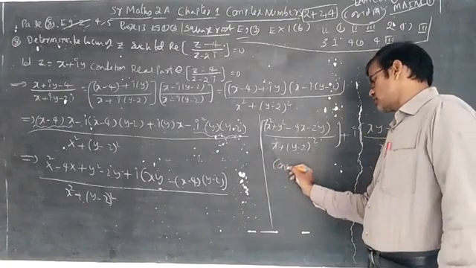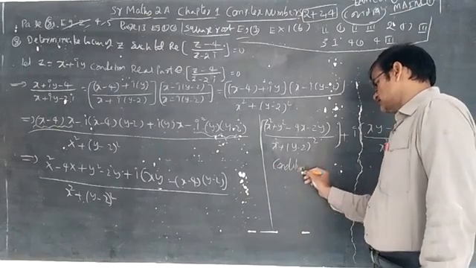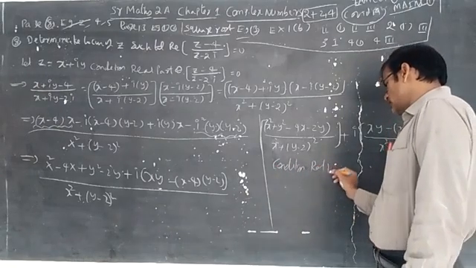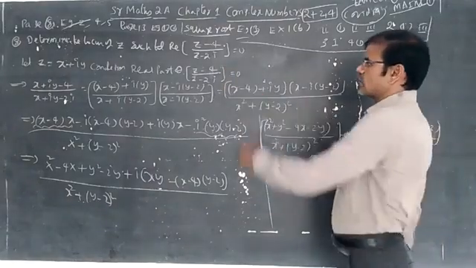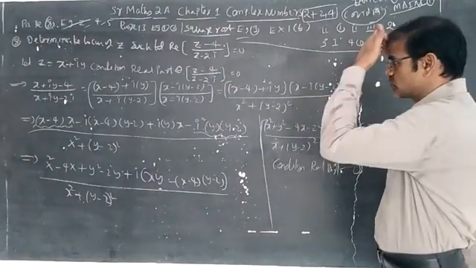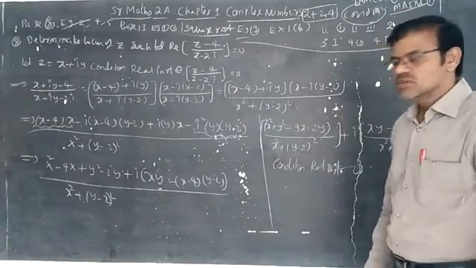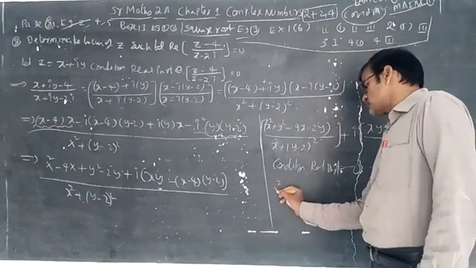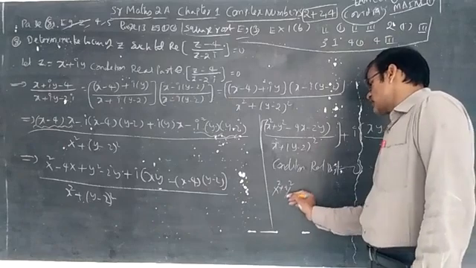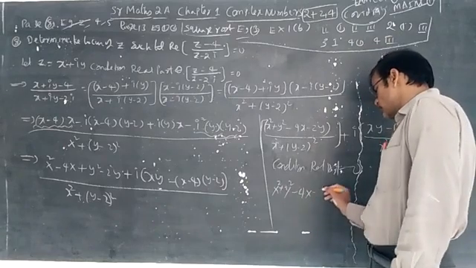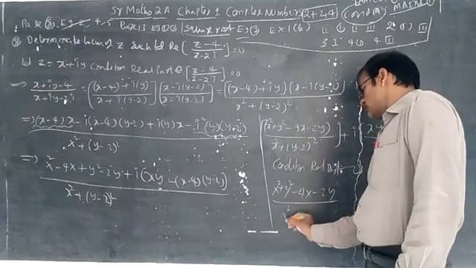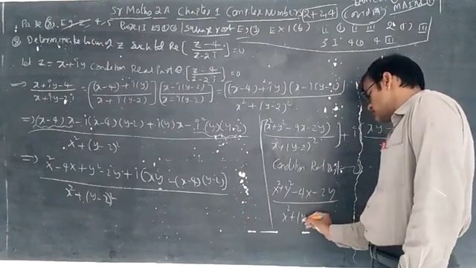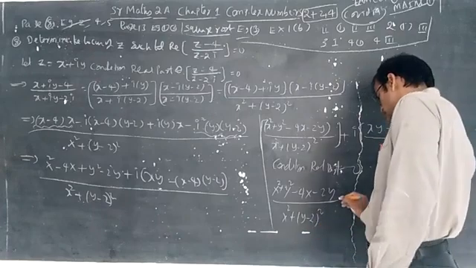Condition is given: real part is equal to 0. Real of Z minus 4 by Z minus 2 is equal to 0. So real part is equal to 0. That implies x square plus y square minus 4x minus 2y whole by x square plus of y minus 2 whole square is equal to 0.